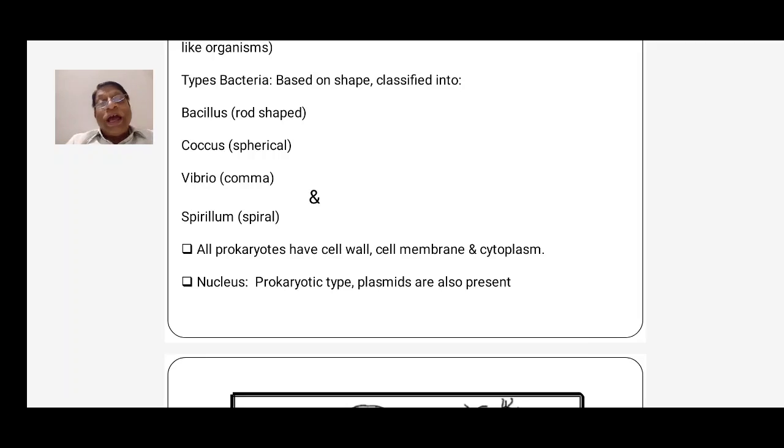In eukaryotes, we have nuclear membrane. This nucleus is called prokaryotic type of nucleus. A primitive type of nucleus.